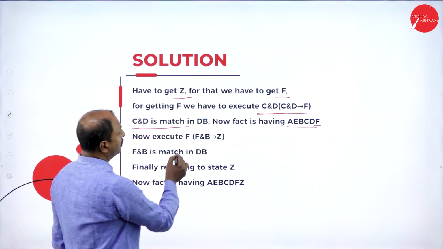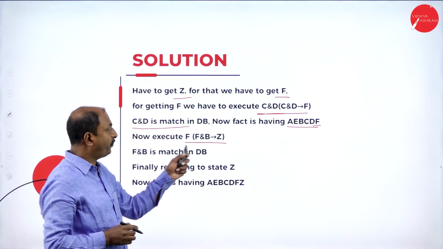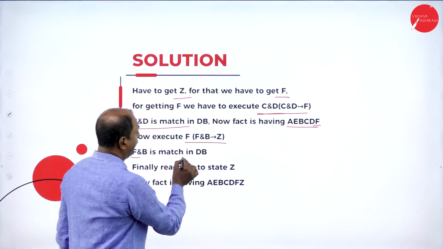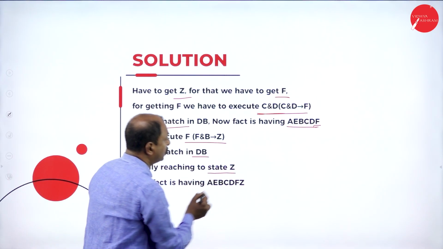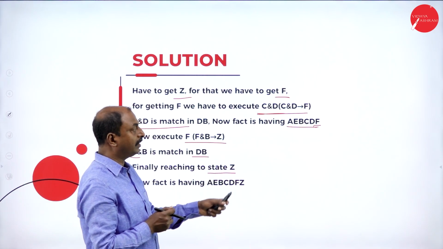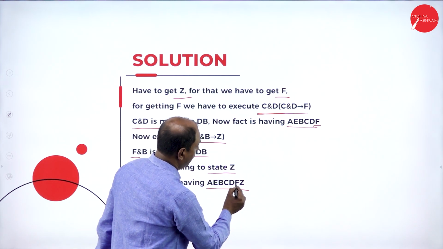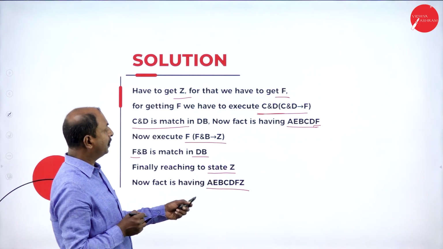Now we have to execute F and B, because as per the rules, if there is F and B, then Z. So F and B are matching in the database, and finally we reach the state Z. We have to include Z into the database. So here A, E, B, C, D, F and Z. Finally we got Z included.